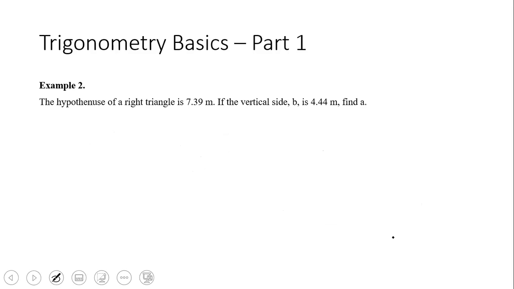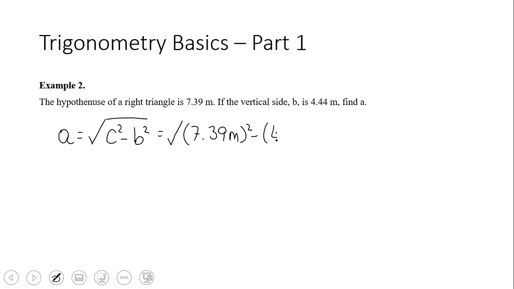And again, we have the expression that A is equal to C squared minus B squared square rooted. Once again, we plug in the numbers. 7.39 meters squared minus 4.44 meters squared.